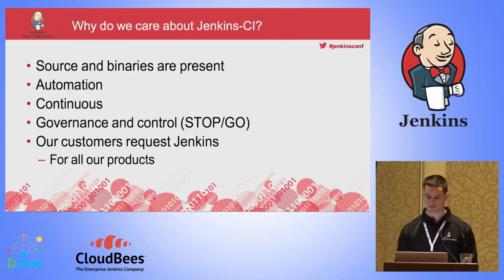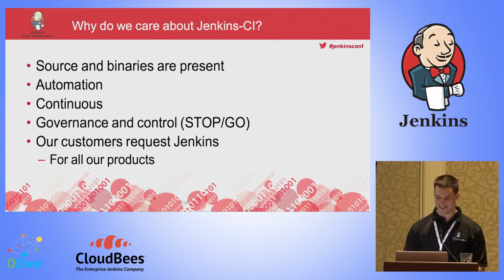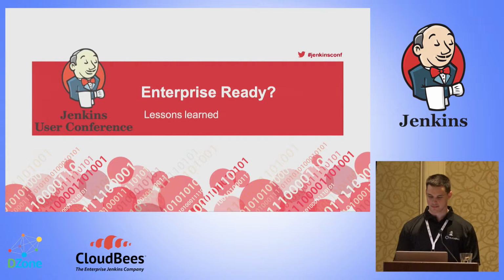It's continuous, so you know about new risks that come in, new licenses that you're using, and also any conflicts that come with that. We care about governance and control, stop and go, and a lot of our customers use Jenkins, so obviously we care about it. So what is enterprise ready?